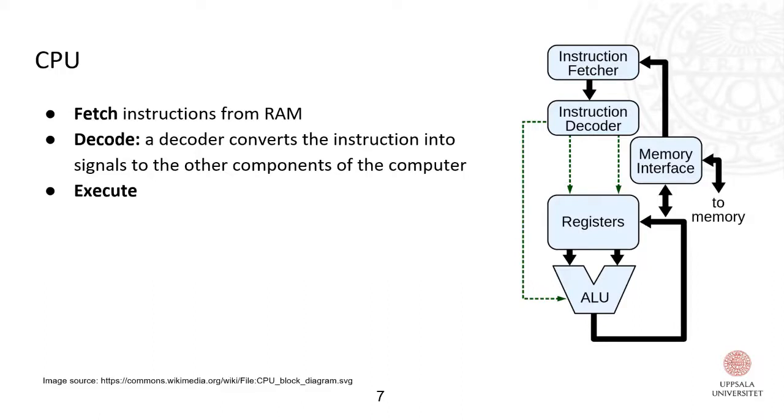The assembly instructions given to the CPU are stored in RAM, random access memory, and first they have to be fetched, read one by one from memory. Then they are given to a decoder, because these instructions are in assembly and the computer doesn't directly understand assembly. What it understands is machine language.